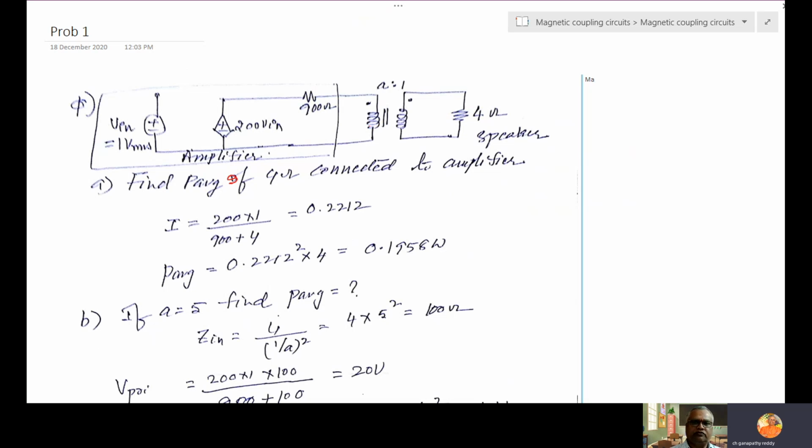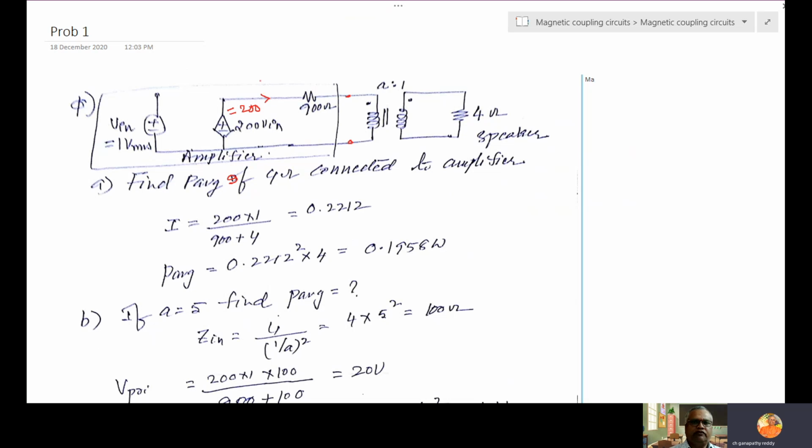So the transformer is not there. If this 4 ohm speaker is directly connected to the amplifier, what is the average power transferred? That is the A bit. So V in is 1 volt, this will be 200 volts.